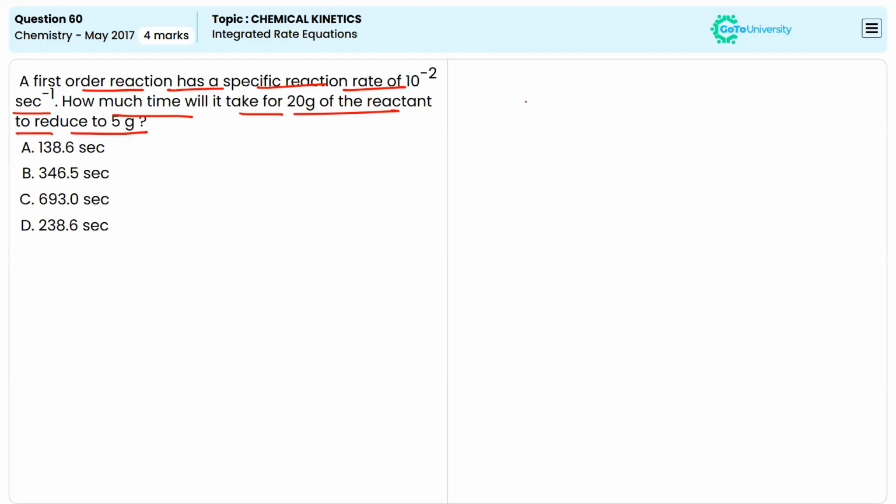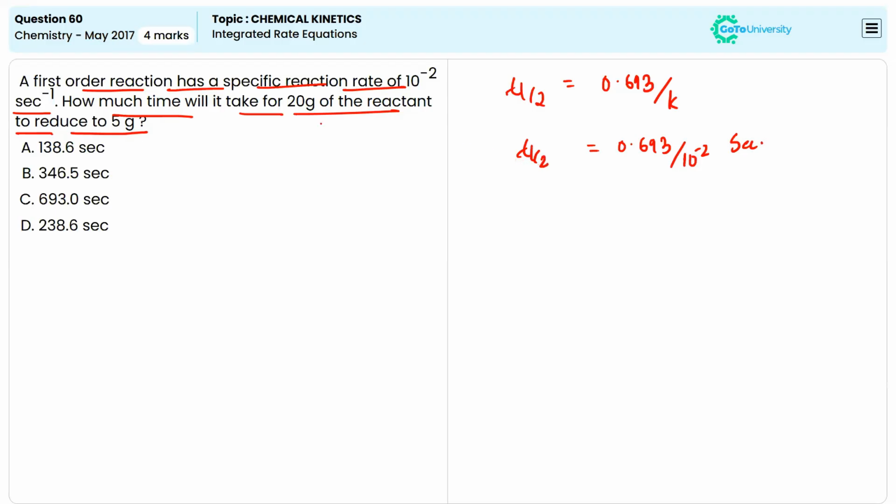So we can write the equation for t half for a first order reaction, that is 0.693 divided by the rate constant. So 0.693 divided by 10 to the power negative 2 seconds. That will be the t half.